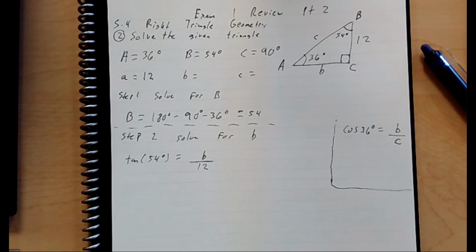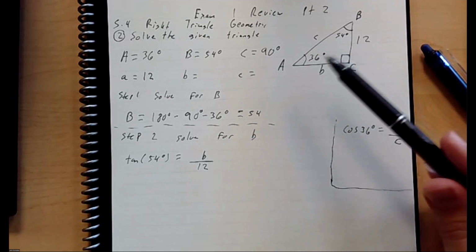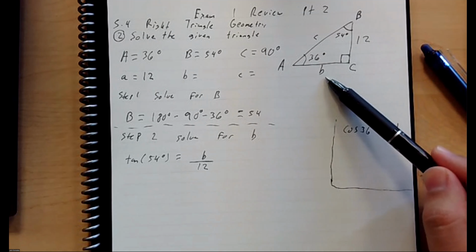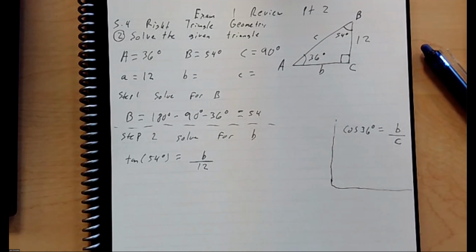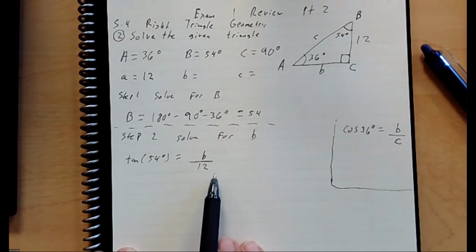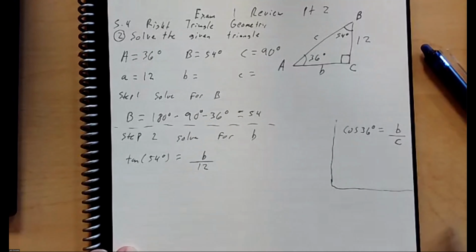Yeah, you could do tan 36 and it would be 12 over b. So either way would work. You'd end up with the same b. Tan 54 is less work, so that one's a little bit better.